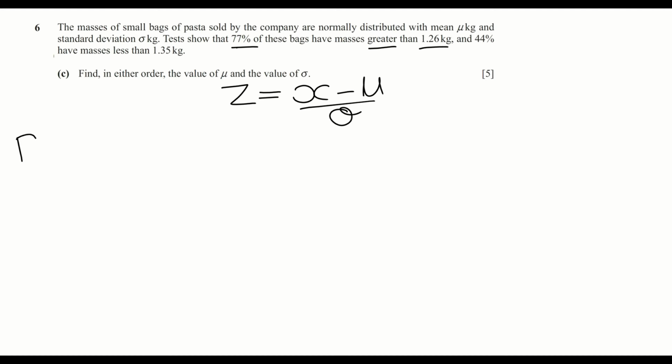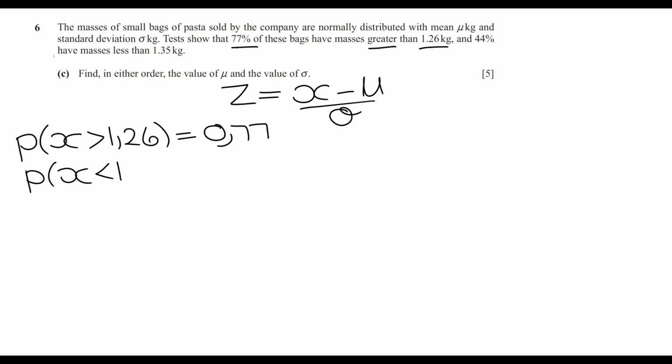The question tells us that 77% of these bags have masses greater than 1,26 kilograms. So the probability that x is greater than 1,26 is equal to 77% as a decimal, 0,77. But remember that when working with normal distribution, we look at values smaller. So the probability that x is smaller than 1,26 has to be 1 minus 0,77, which gives us 0,33.